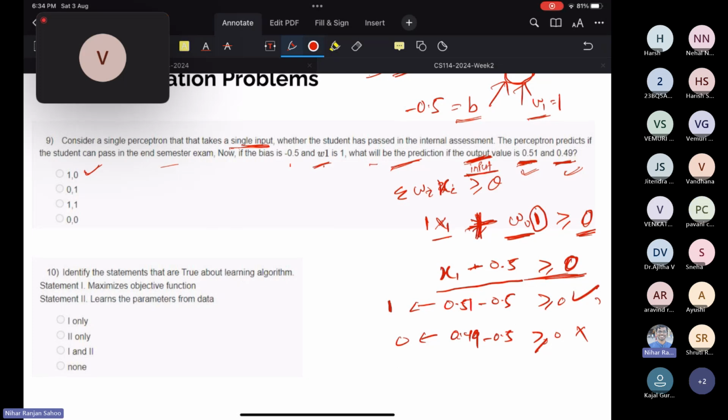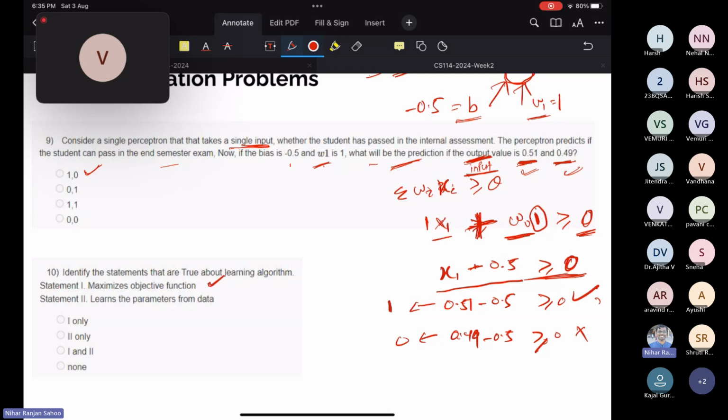Okay, one last question. Identify the statements that are true about the learning algorithm. So kind of the basic learning algorithm concept we started. Which statement is true regarding that? Let's see the statements. First, it says maximize the objective function.